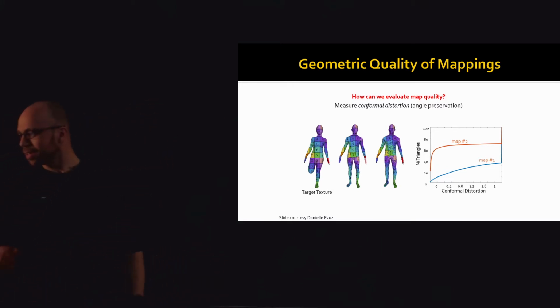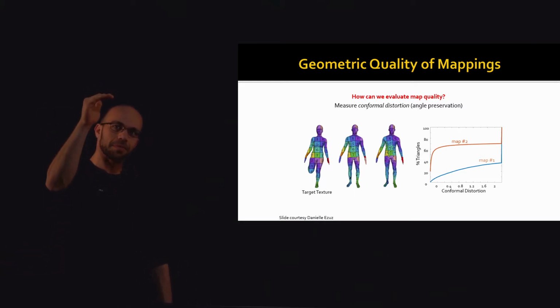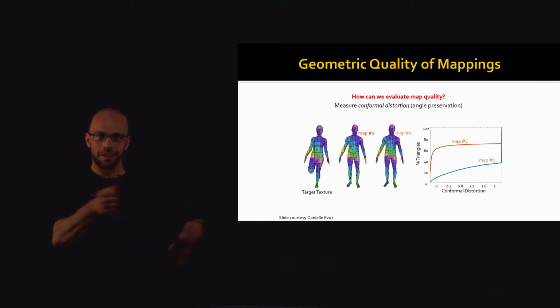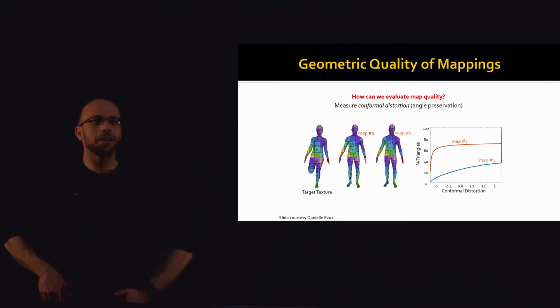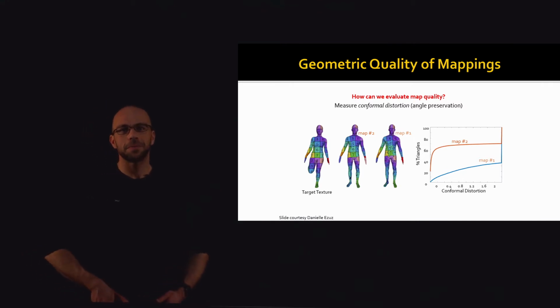Map number 2 has lower conformal distortion, right? The plot jumps up very quickly. So in other words, map number 2 preserves angles better than map number 1. And now, indeed, I think we see what's expected, which is that map number 1, which is just like all over the place, doesn't preserve angles very well on average. So the conformal distortion is quite high, whereas map number 2 is nice and smooth and actually fairly rigid looking, so the conformal distortion is low.